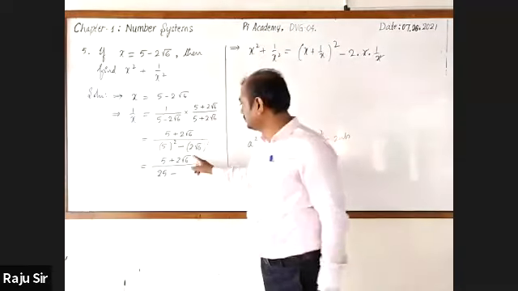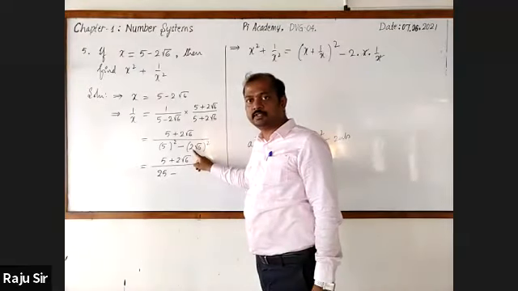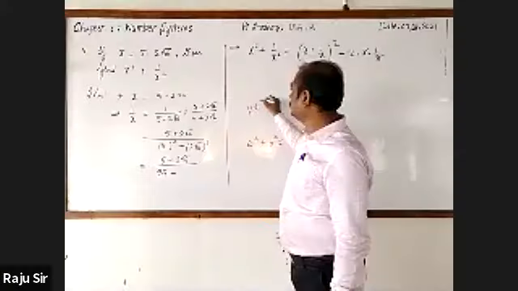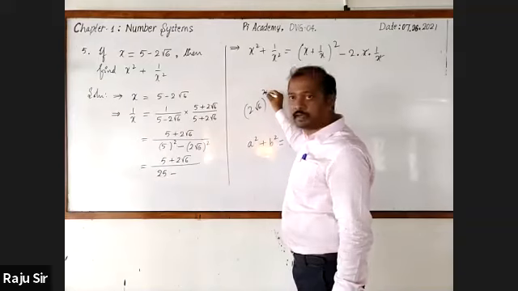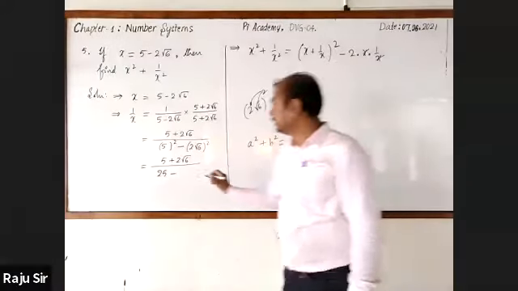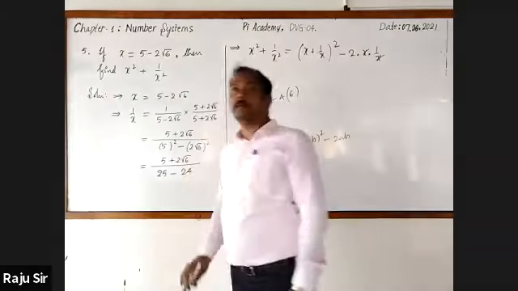Minus, could you tell the value of 2 into root 6 whole square? The square has to apply to both. 2 square is 4, root 6 whole square is 6. 6 4s are 24.